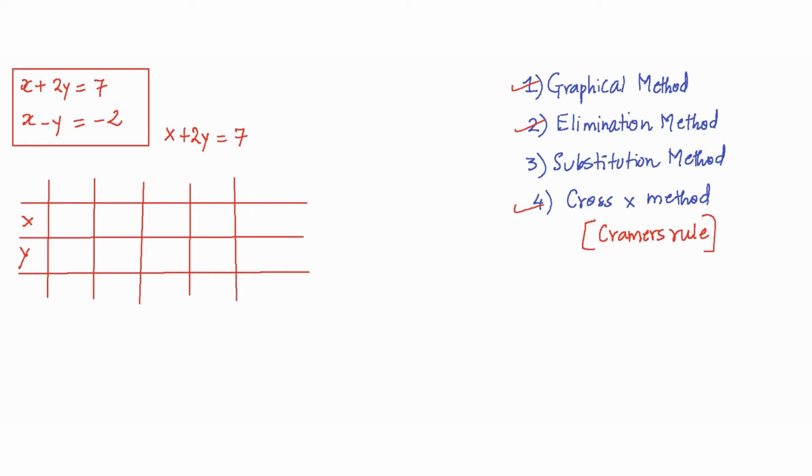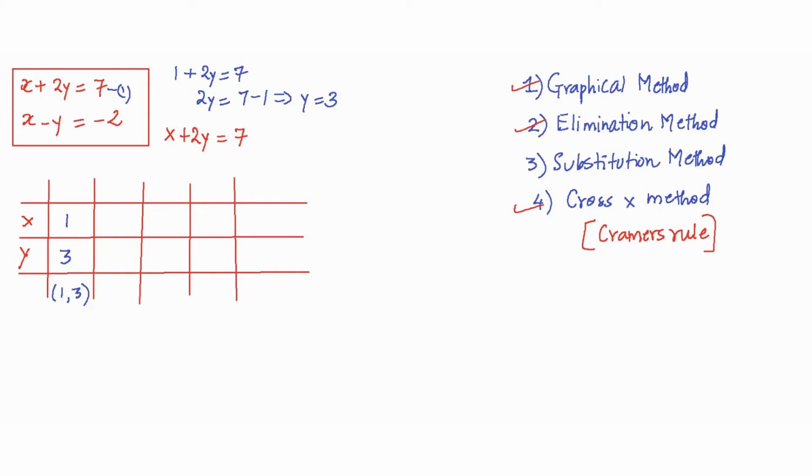If x was 1, then 1 plus 2y should be 7, which means 2y should be 7 minus 1. This means y is equal to 3, because 2y would be 6 and y would therefore be equal to 3. So x equal to 1 and y equal to 3 definitely satisfies the first equation in two variables, right? So the first point is (1, 3).